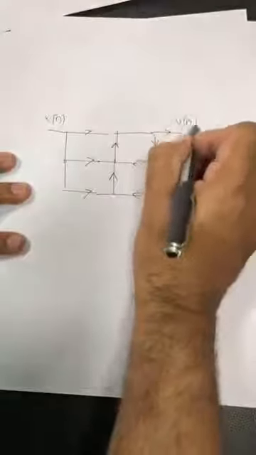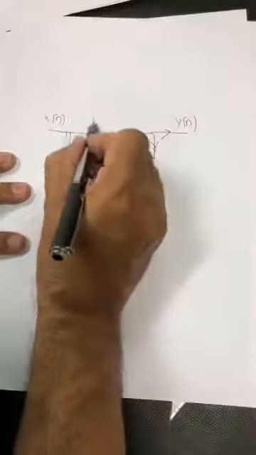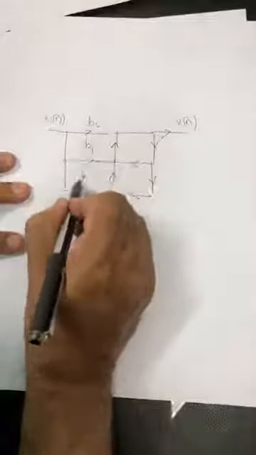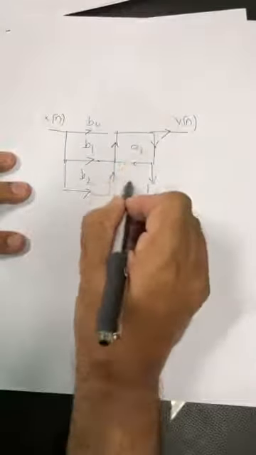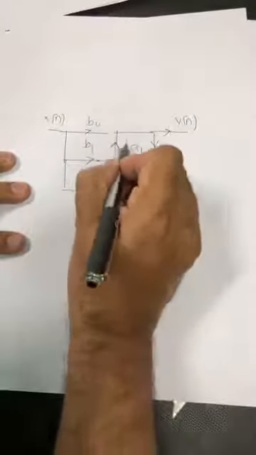input. Okay, so this is B0, B1, B2, A1, A2, Z inverse, Z inverse.